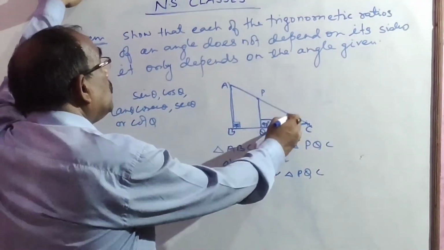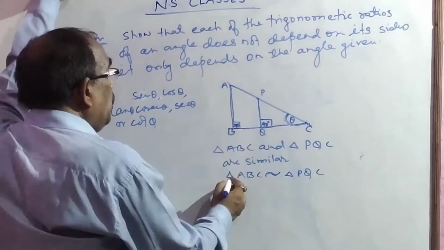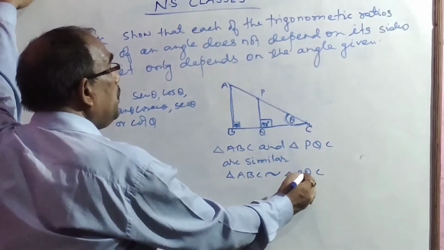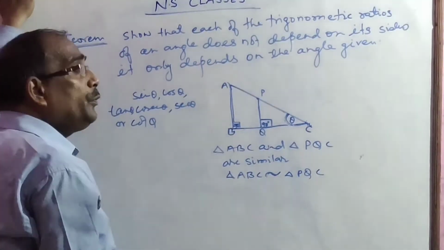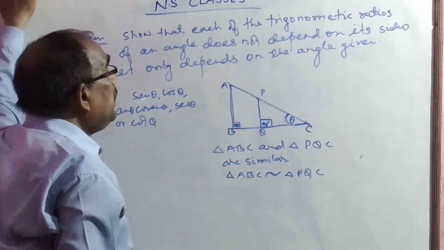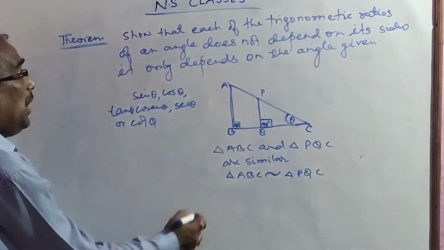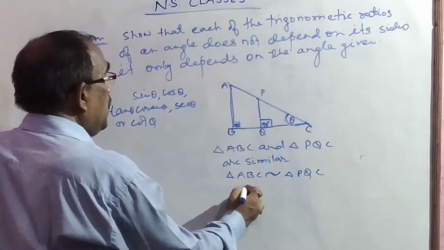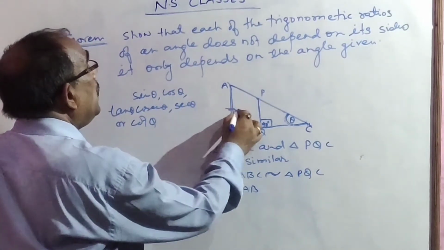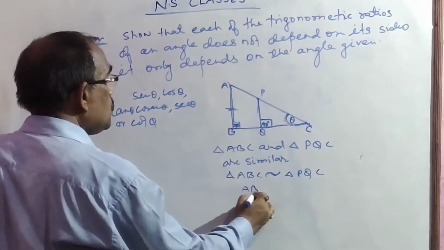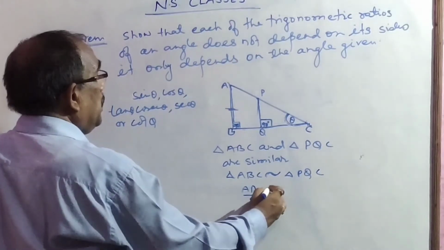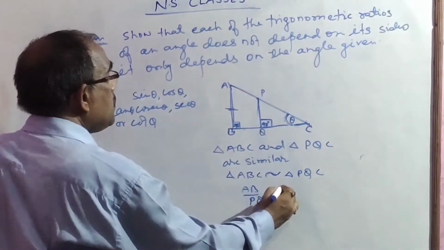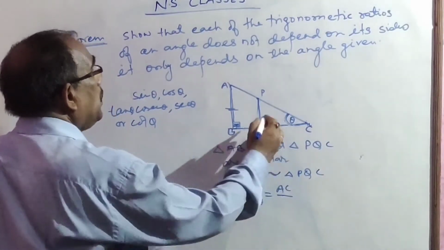Now, triangle ABC is similar to triangle PQC, and if two triangles are similar, then their sides are proportional. What does it mean? AB by PQ is equal to AC by PC.